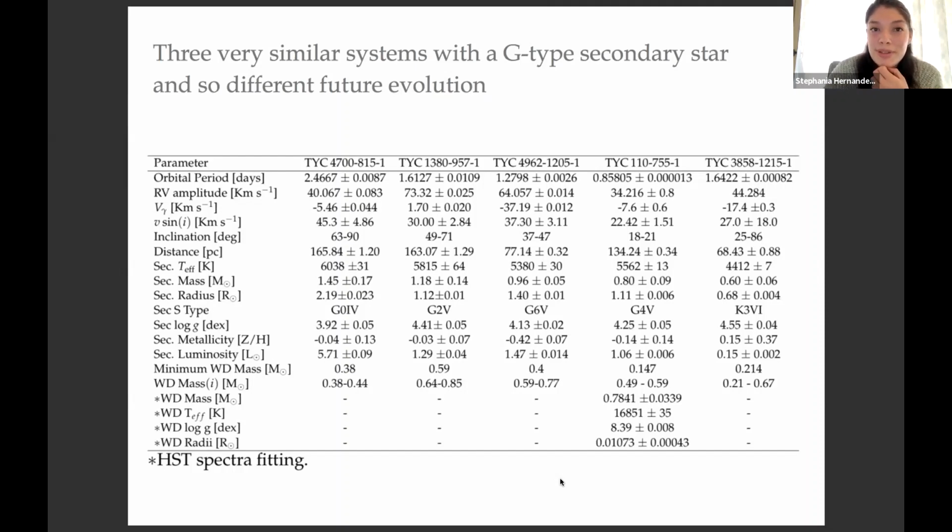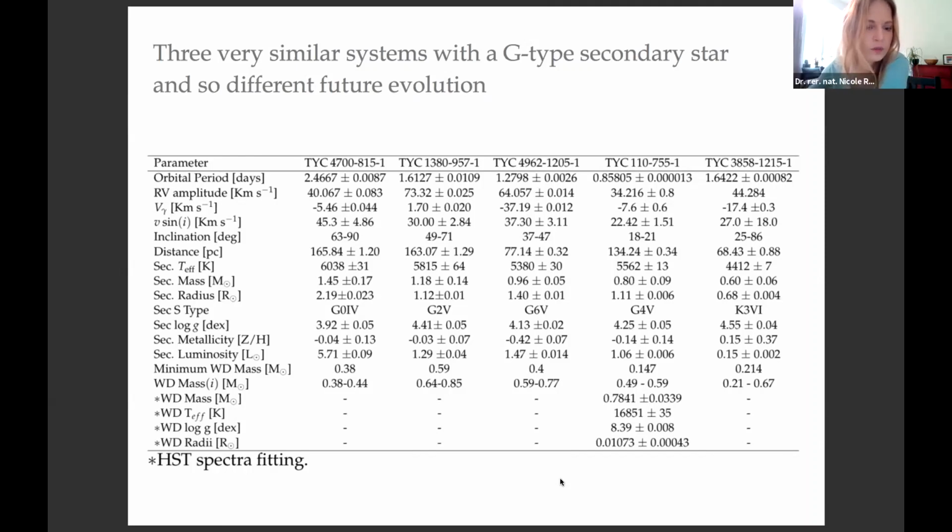Maybe Felipe will know a bit more about this. But as they are already unbound from the common envelope, I think they are more or less the same age as the rest of the post-common envelope binaries that we observe.